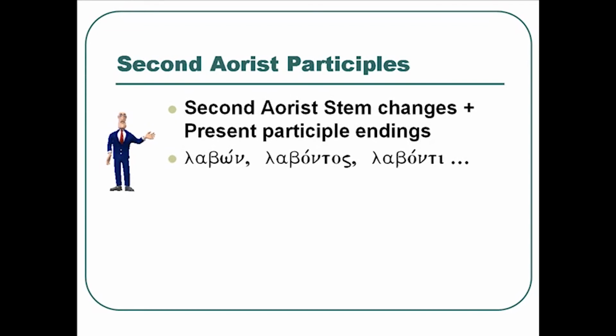So we have labon from lambano; the second aorist root is lab, and then you add the present participle ending on for the nominative masculine. The genitive form, following the 3-1-3 pattern, is labontos, then labonti, etc., just adding on the third declension endings. But notice it's the present endings that are added on to the second aorist root for the participle.